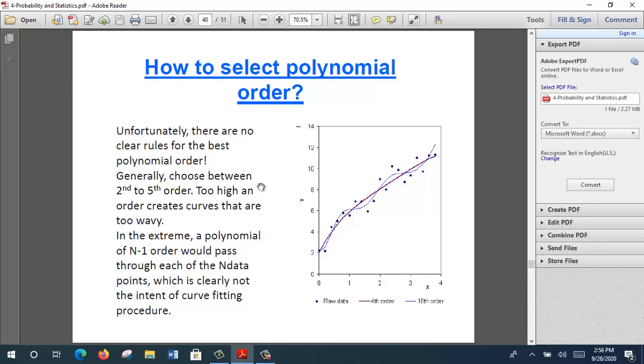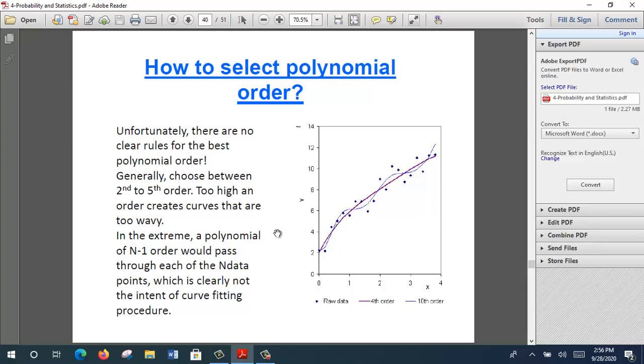In the extreme, a polynomial of order n minus 1 will pass through each of the n data points, which is clearly not the intent of a curve fitting procedure. So you can see the difference if you select the fourth order and the third order: the highest order creates a wavy curve of the data line.